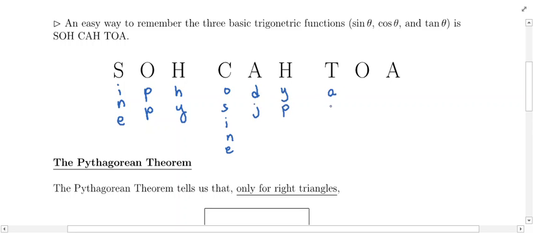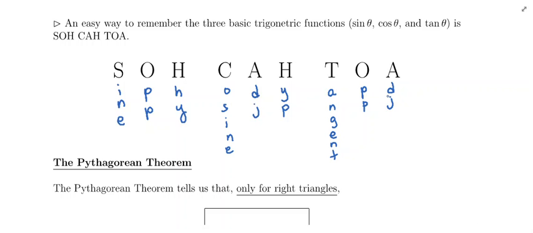And then finally, the tangent is the opposite side over the adjacent side. So just remember SOHCAHTOA to remember sine, cosine, and tangent. And if you have your sine, cosine, and tangent, you can easily get cosecant, secant, and cotangent.